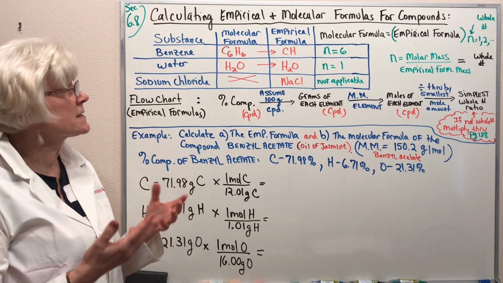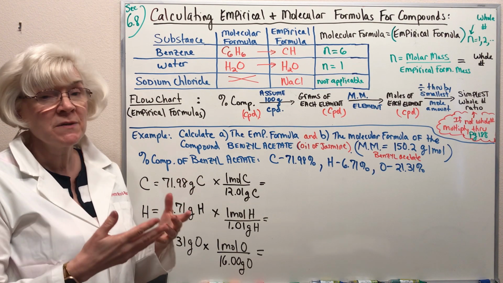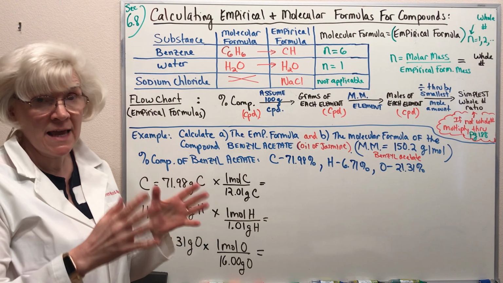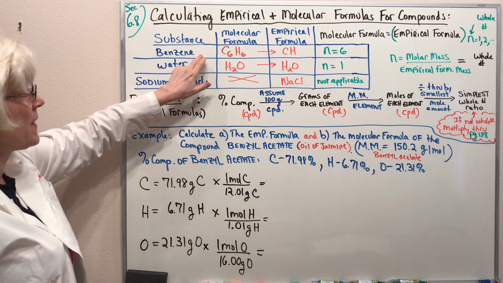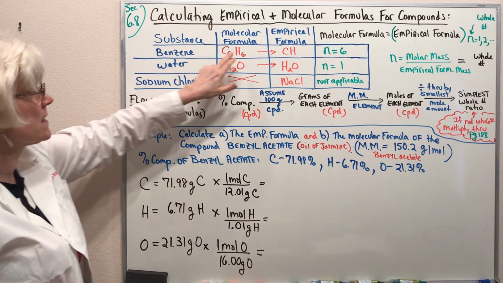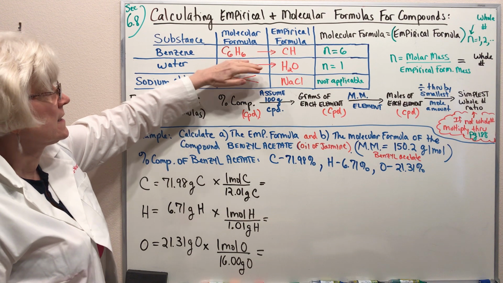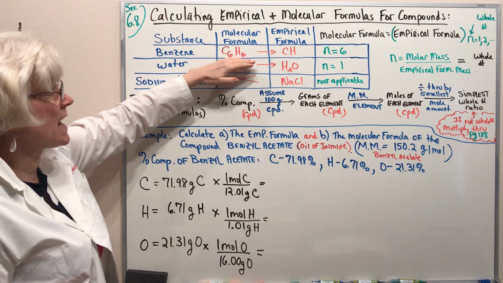Molecular formulas can be the same as empirical formulas, as in the case of water, or in benzene, they can be different. Let's take a look at this table. Benzene is an organic substance with the formula C6H6.